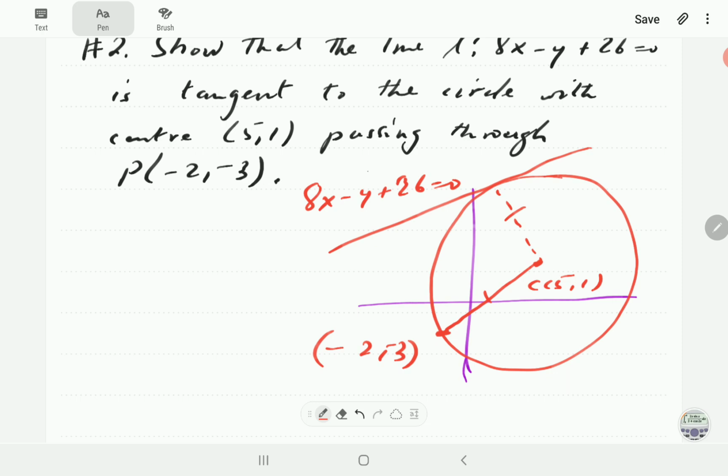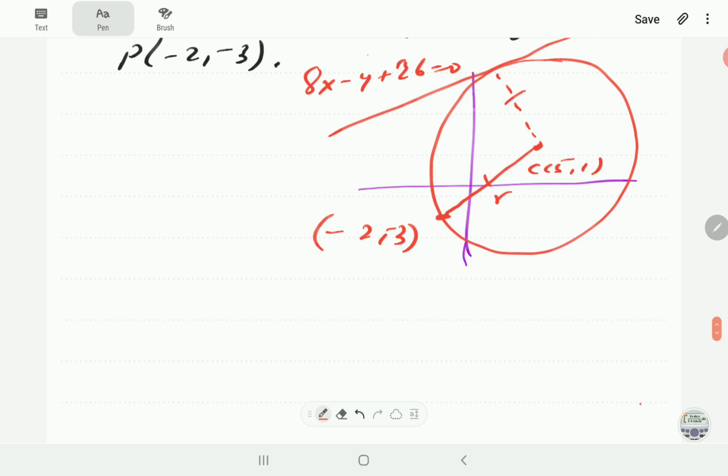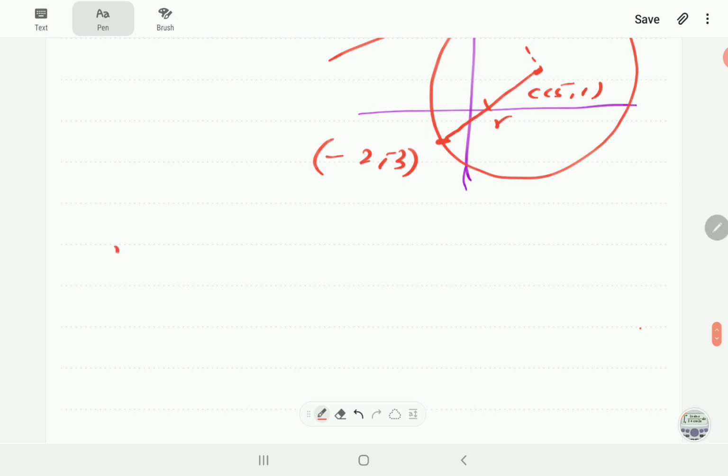So first thing we're going to do is to find the distance from 5, 1 to minus 2, minus 3, which is the radius. And then we need to prove that the distance from the line to 5, 1, the normal distance to the point of tangency, is the same as the radius.